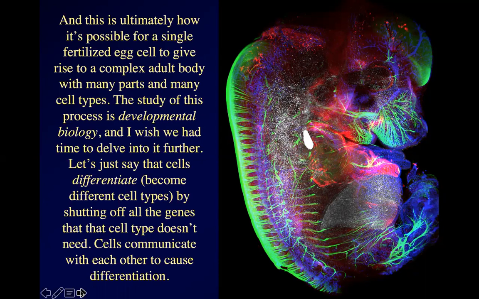Your muscle cells still contain the DNA that they could use to produce liver proteins. The reason why they don't is because those genes are still there, but they've been turned off. They've been repressed. They've been deactivated. And the cells in your liver have all of the DNA that's needed to make muscle proteins.